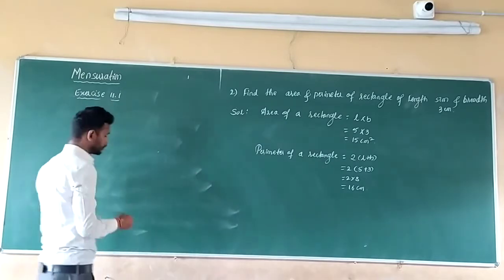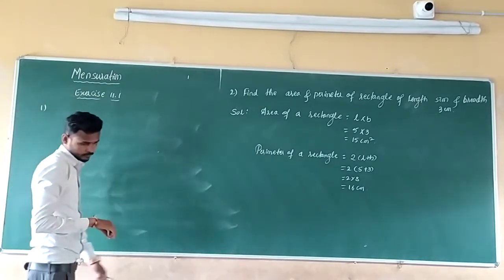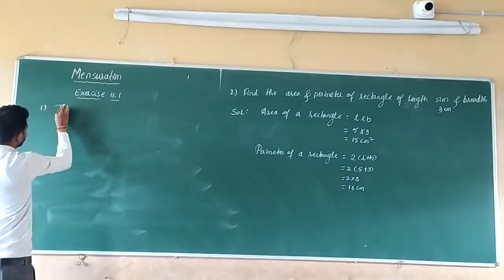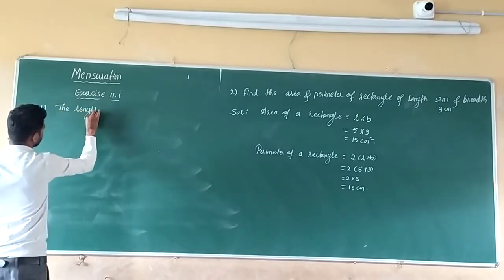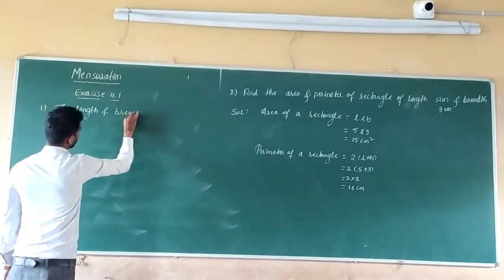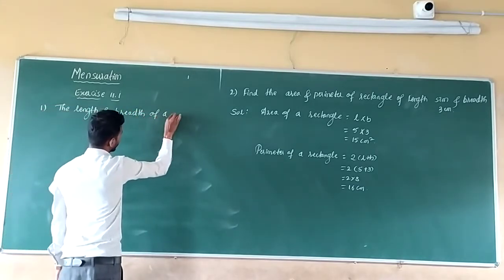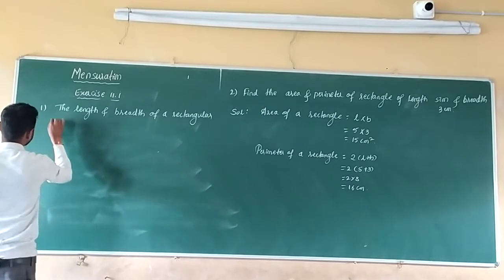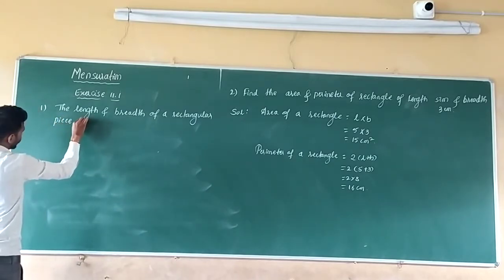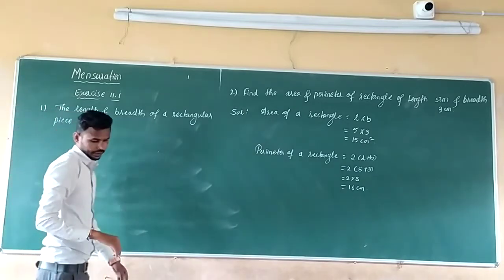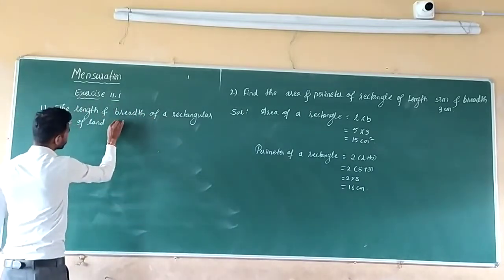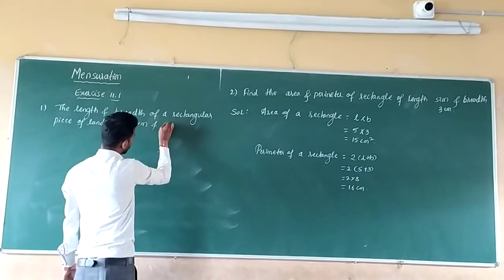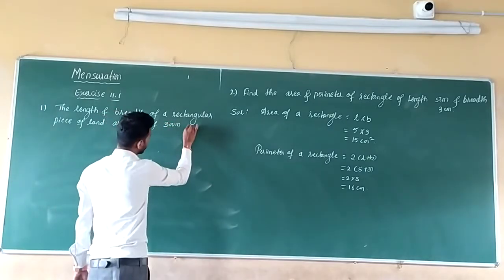In the first question, the length and the breadth of a rectangular piece of land are 500 meter and 300 meter respectively.